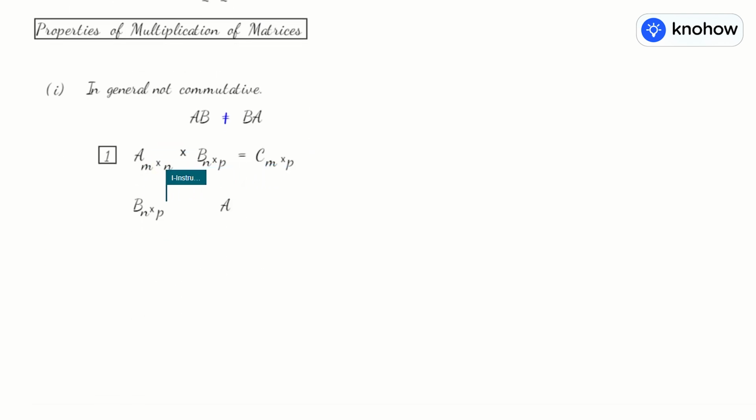Order of A is m by n. We just cannot multiply unless this p is equal to m. Then only we can multiply. So what to say about commutative? Even if AB is defined, BA may not be defined.